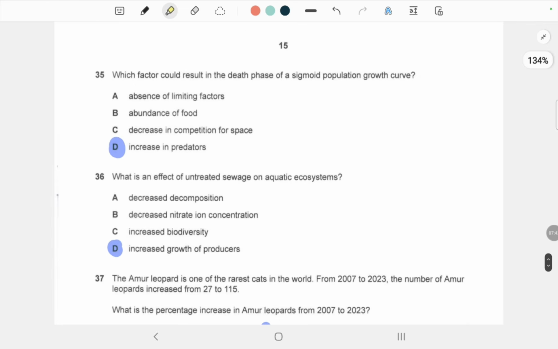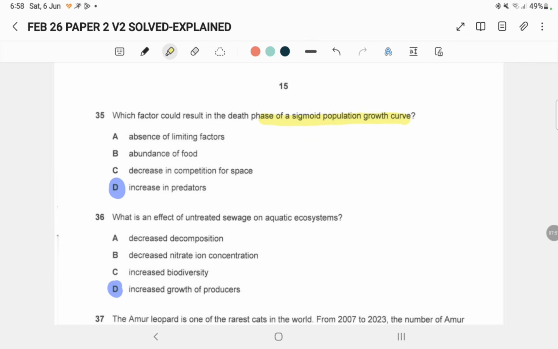Now question 35. Which factor could result in the death phase of a sigmoid population growth curve? For the sigmoid population growth curve, of course it is an increase in predators. If I'm decreasing the amount of predators in a society of animals, more animals will have a chance to survive.